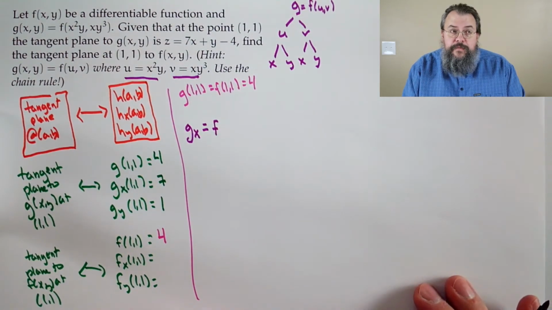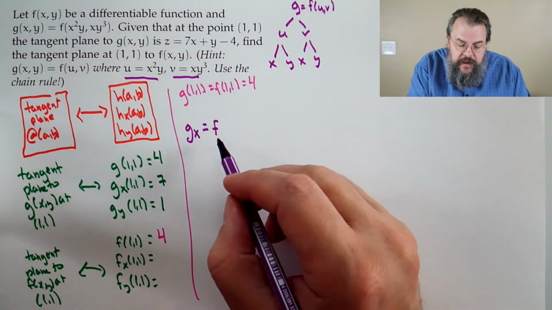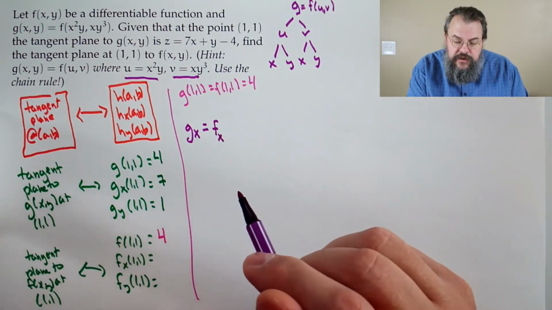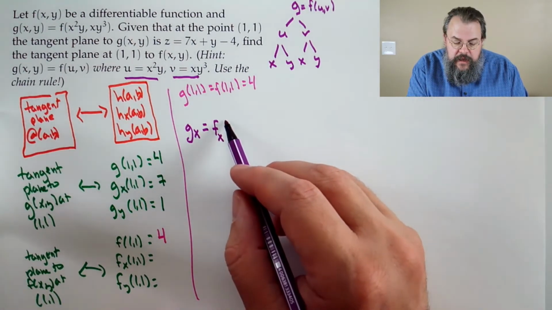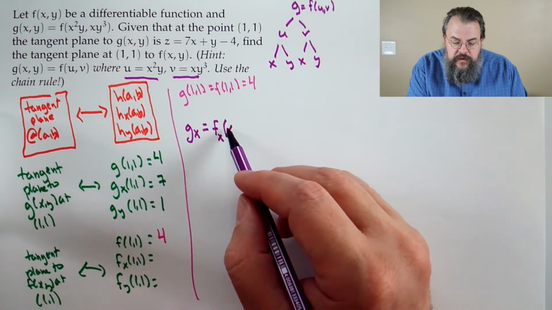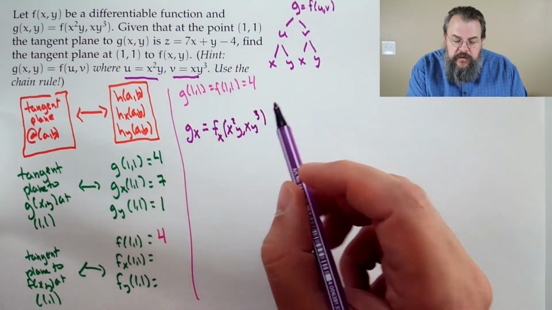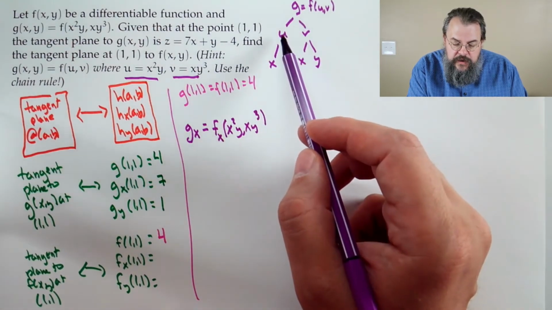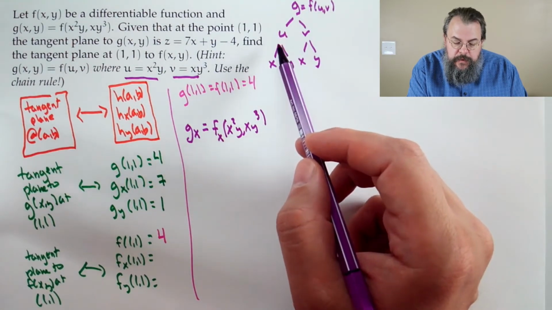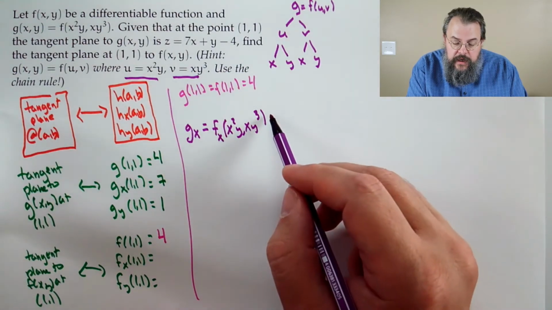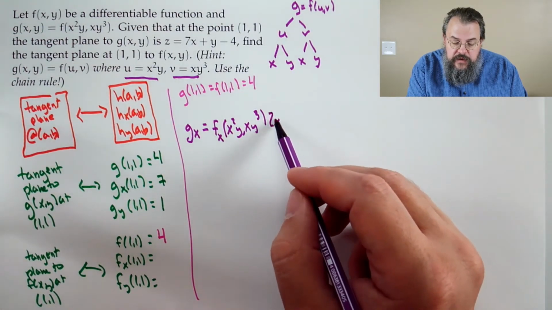So when we think of u as being in the first slot, we write that as the f sub x slot. That's just our notational convention here. And I'll just put what it is, x squared y comma xy cubed. So that's the derivative with respect to u times the derivative of u with respect to x. So times the derivative of x squared y with respect to x, which is 2xy.